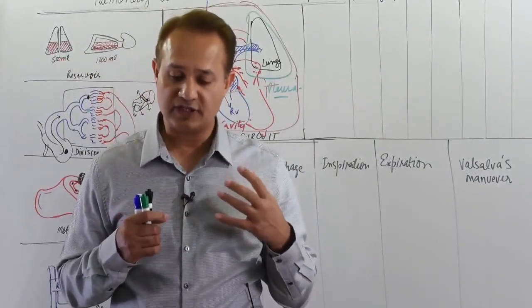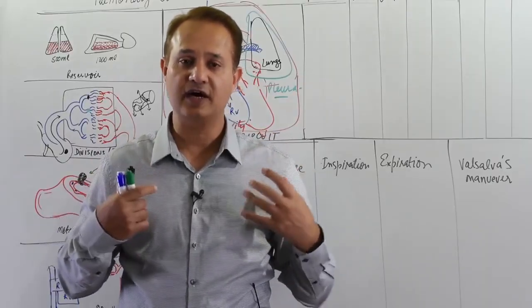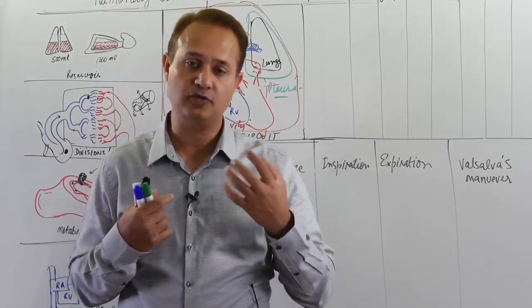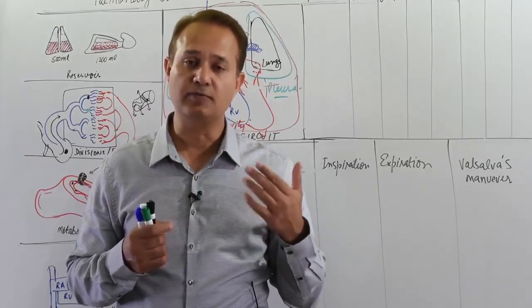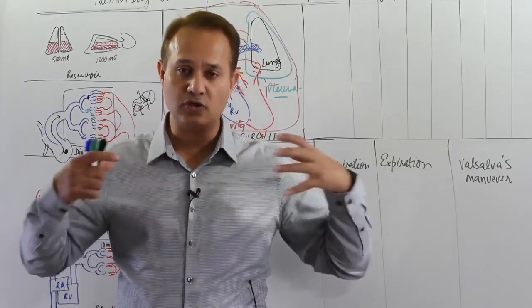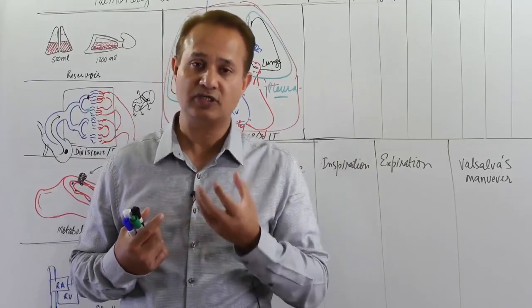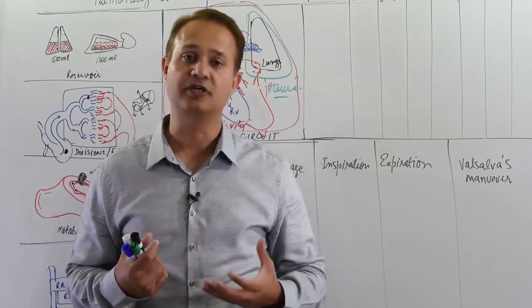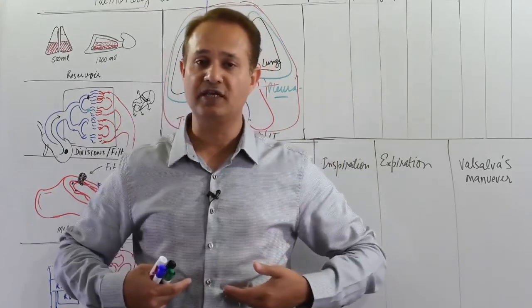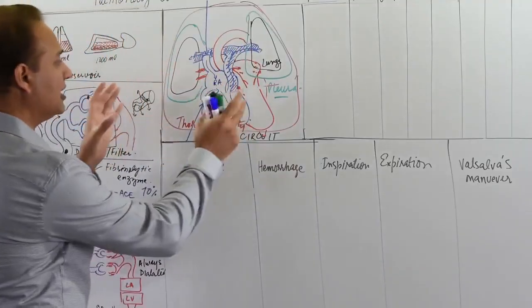So what we need to understand is that the levers that affect the lung vasculature are primarily two. Number one, the breathing or the thoracic cavity's activity, and number two, the heart's activity, because the heart can increase the blood volume towards the lungs or reduce it. So of course, respiration would also mean diaphragm and so on, but these are the primary levers.